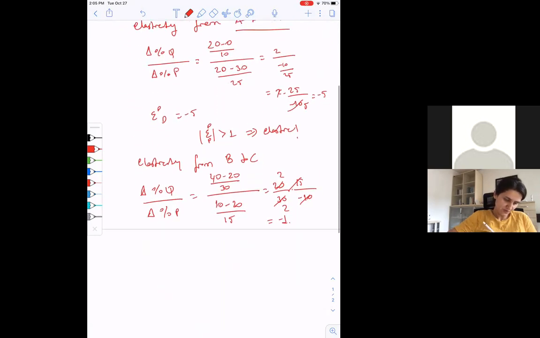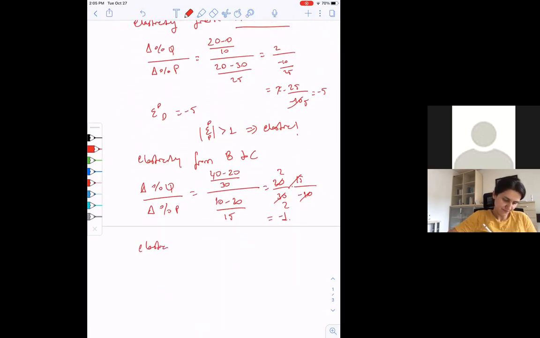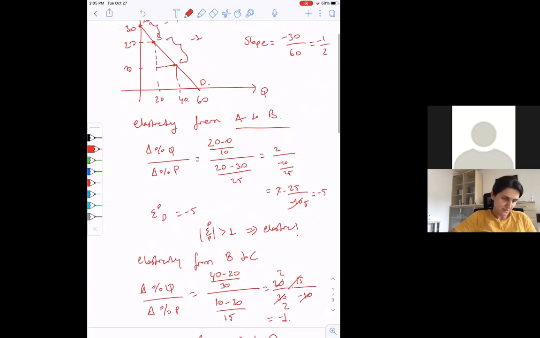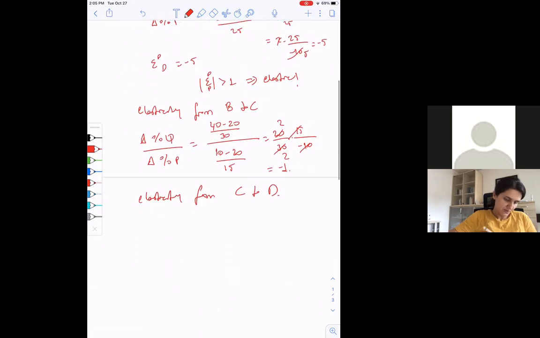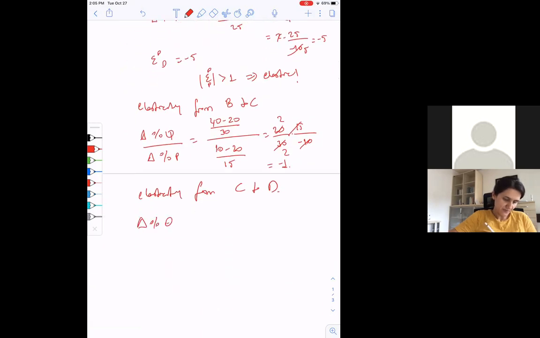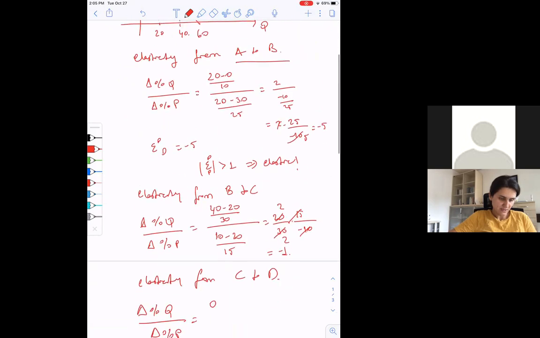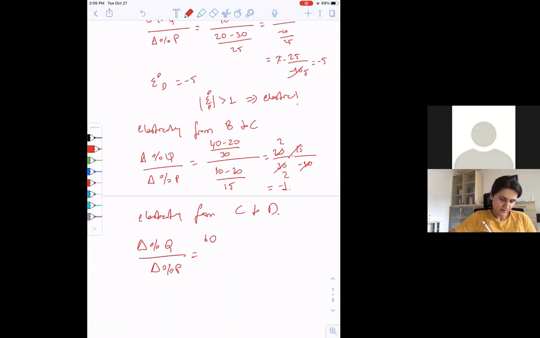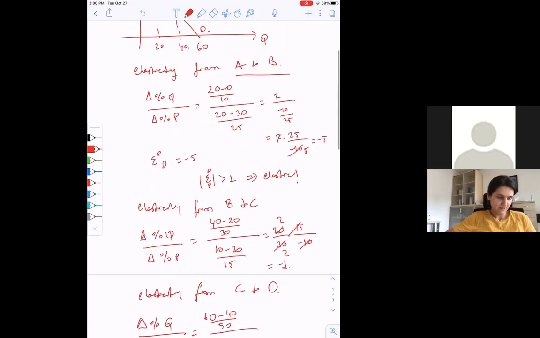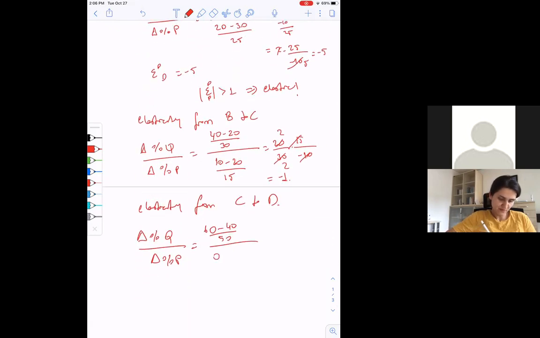Let's see from C to D. Elasticity from C to D, what is it? Percentage change in Q divided by percentage change in P. This is 60 minus 40, midpoint of them is 50, divided by 0 minus 10, midpoint of them is 5.